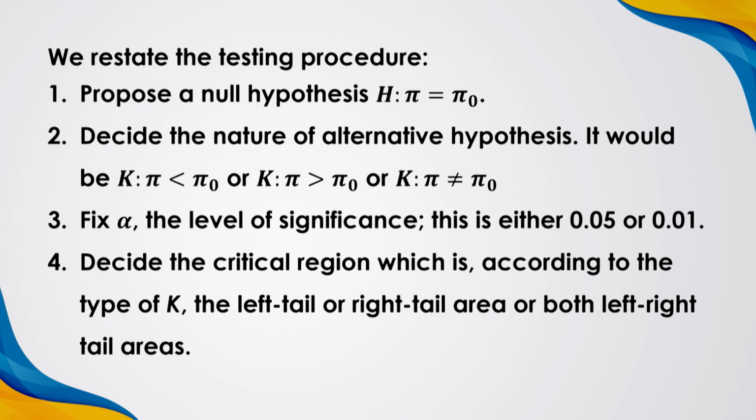Now, we fix alpha, the level of significance, which is either 0.05 or 0.01. Then decide the critical region, according to the type of alternative, left tail or right tail area or both left and right tail areas.